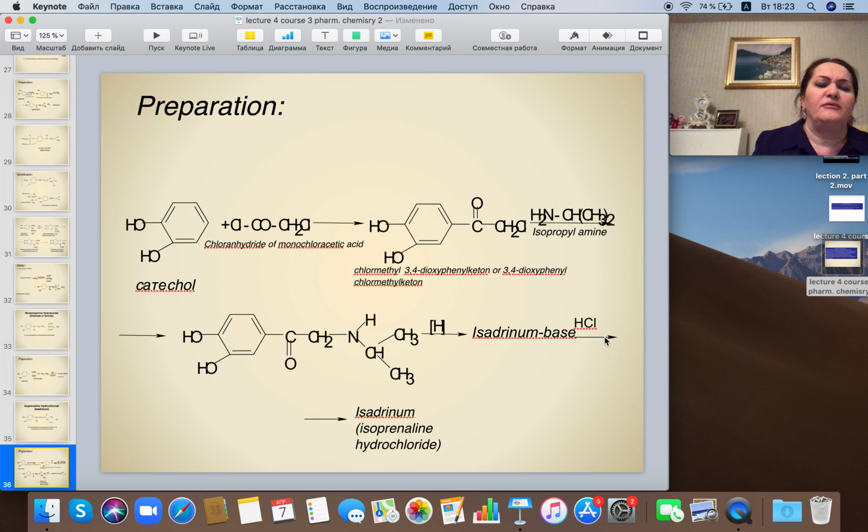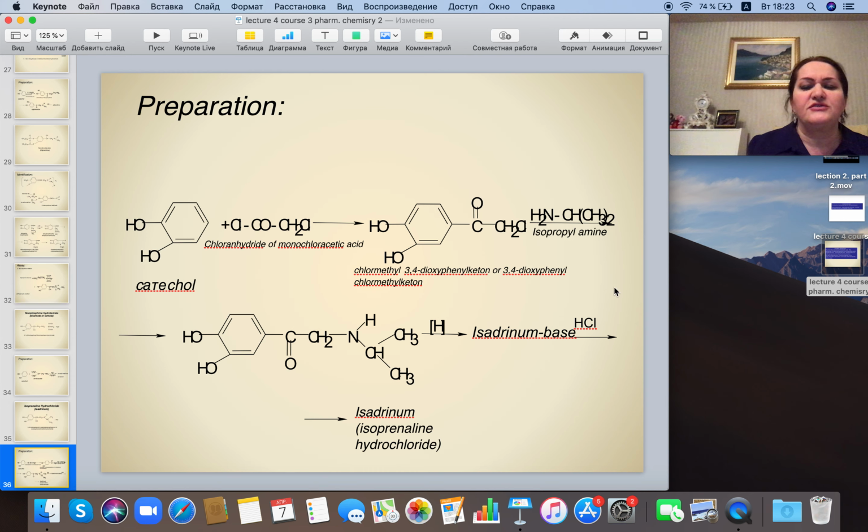Isodrine is also obtained from catechol. It reacts with monochloroacetic acid chloranhydride, and you can see this reaction.